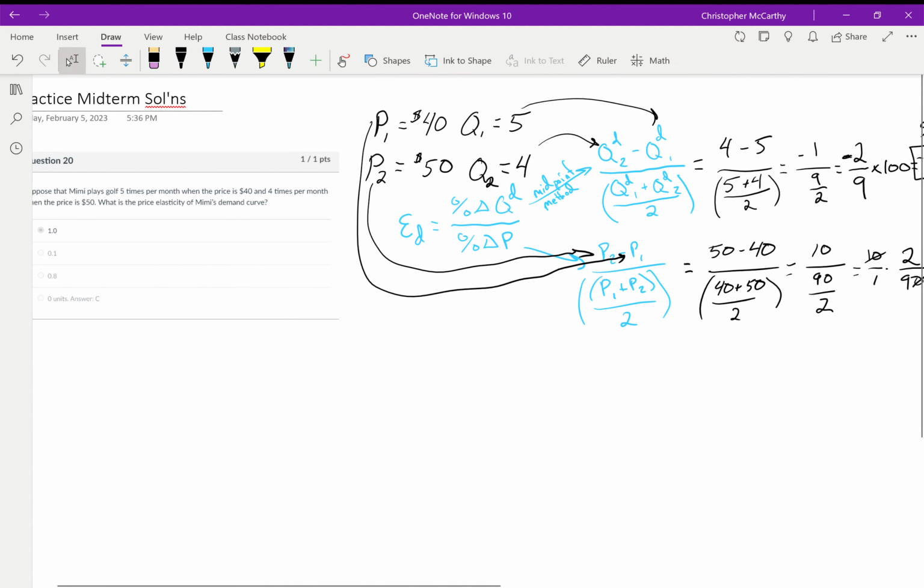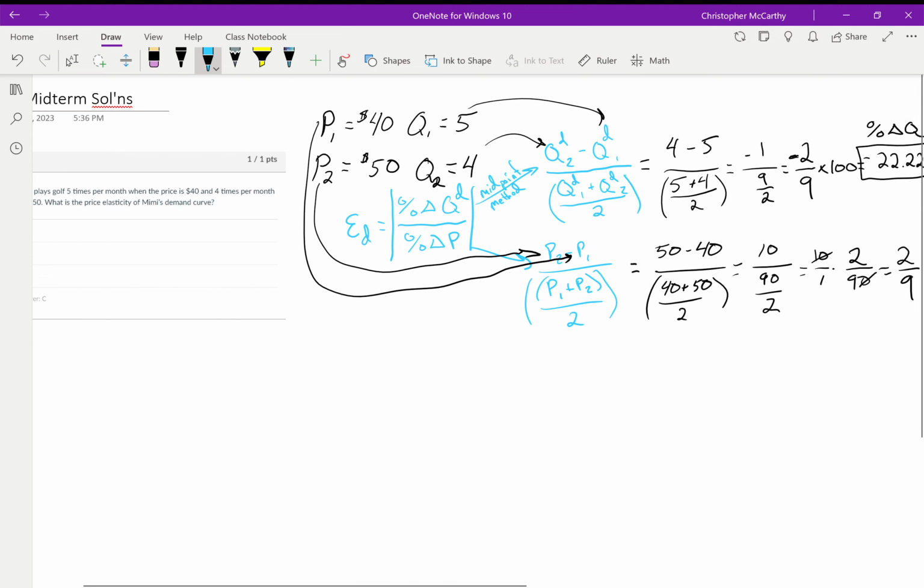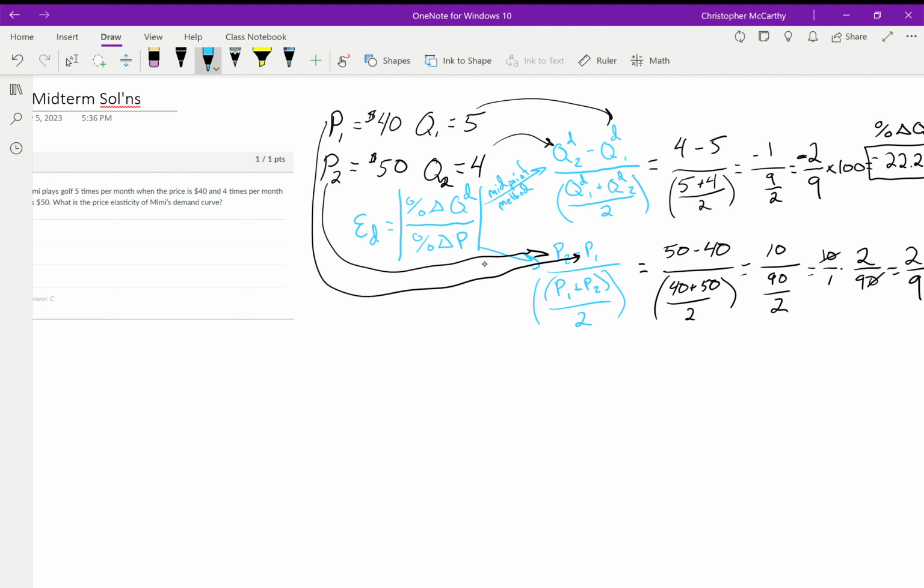Now we know that the formula for the elasticity is the absolute value of this. We know that the elasticity of demand, since it's a downward sloping demand, between any 2 points on demand is going to be negative, right? As the price goes up, the quantity is always going to go down. So when we're talking about elasticity, we always take the absolute value of it, right?